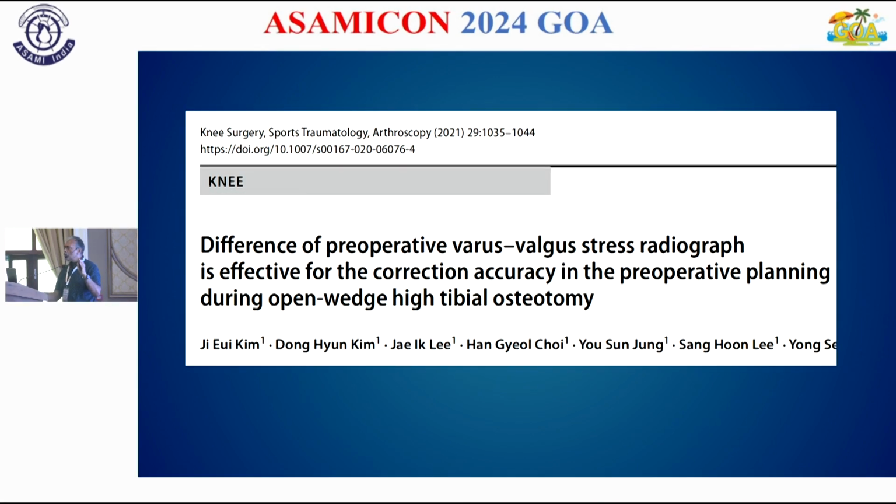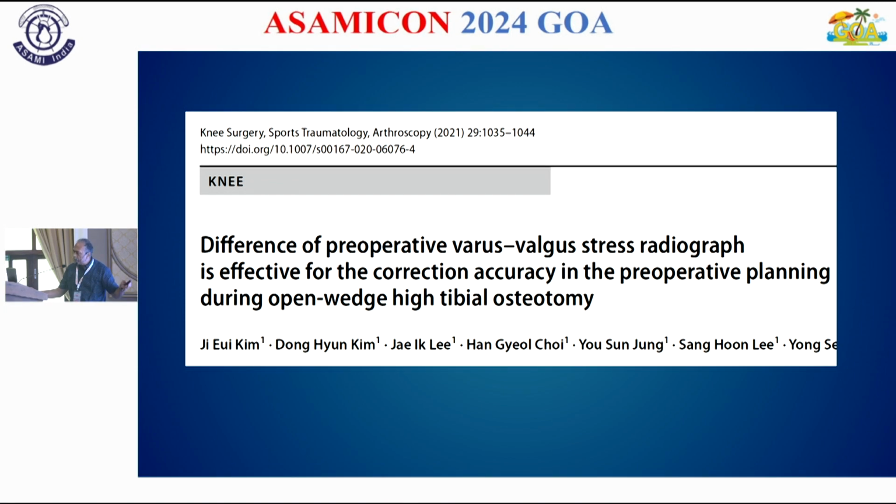Now, there is a lot of confusion in the literature about what to do when you find a high JLCA. When you have a large JLCA, there is a lot of confusion because they're trying to solve all problems with a single osteotomy. When they find a difference on the preoperative varus valgus stress radiograph, that means it's a high JLCA.